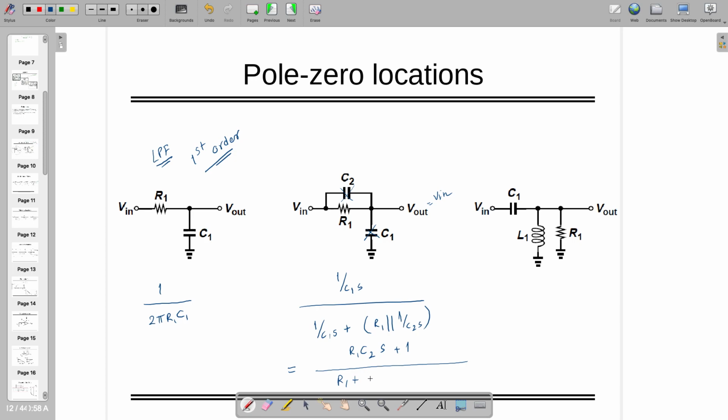R1 plus R1 plus R1 C1. R1 C1 plus R1 C2. Okay. Yeah.